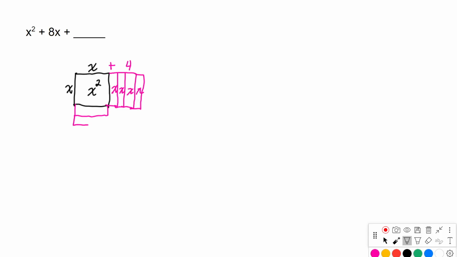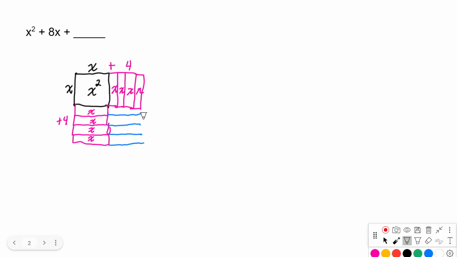Do the same with the other dimension: 1, 2, 3, 4. And each of these also has an area of x. So now we have our 8x, and we need to find how many unit squares fit this lower right region.